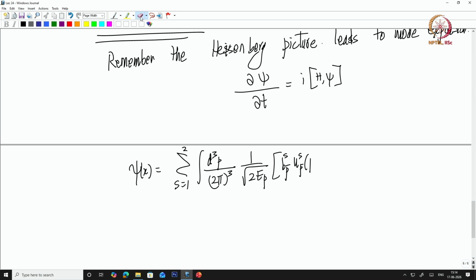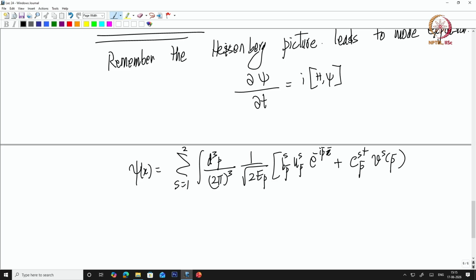Okay, I already wrote the moment of p bar e power ipx. So for the particle, and then you also have the antiparticle, which is c bar s dagger v s of p.